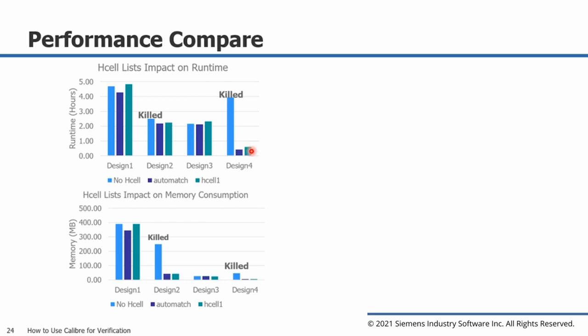So generally, you can see here that using an optimized hash cell or auto match does improve the runtime compared to a non-hash cell run. And you can see here, it also improves on the memory as well.